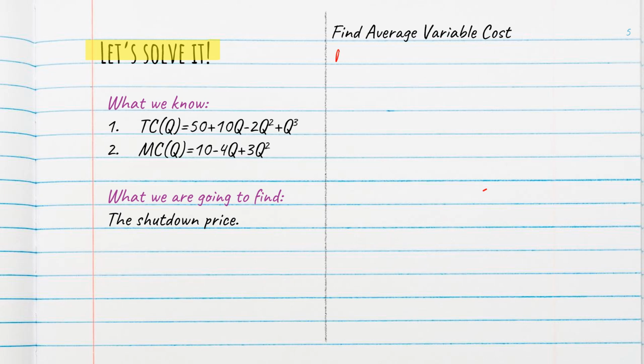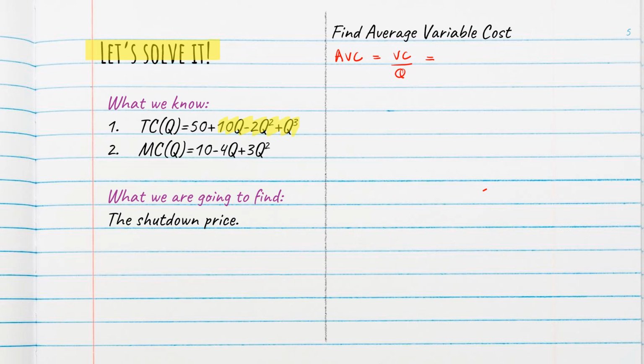A little bit of a reminder, average variable cost is just defined as variable cost divided by Q. And the variable cost can be plucked out of the total cost function by looking for the terms that have Q in them. So I'm going to highlight the variable cost. It's this part of the total cost function, not the 50, that's fixed costs, but everything with a Q attached is a variable cost.